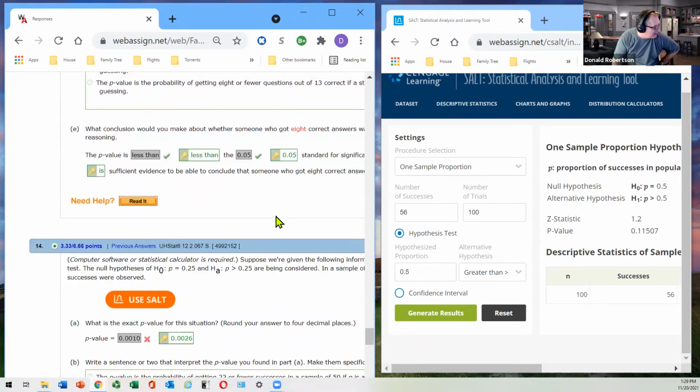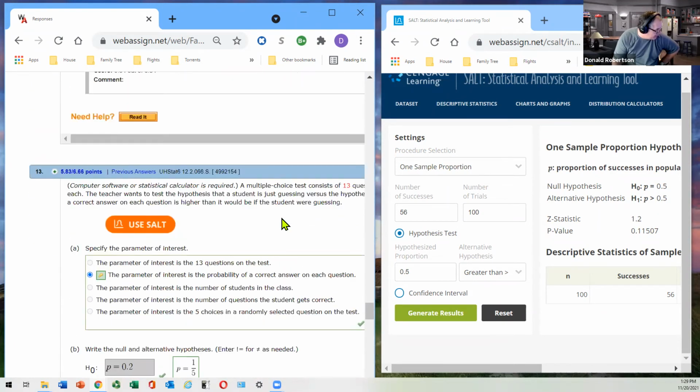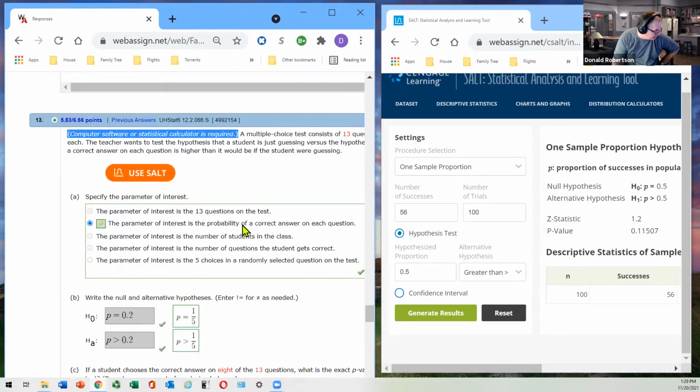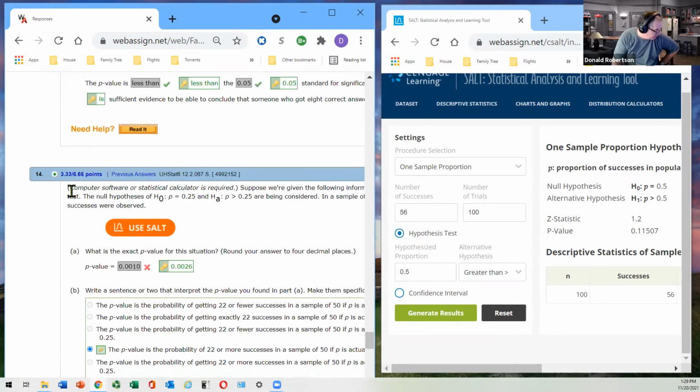I don't know why. The only thing I can say is that the questions that don't work have a little bit at the beginning about using computer software. So maybe if you use some computer software, it would do the calculations to a lot more accuracy, and therefore that might cause a discrepancy.